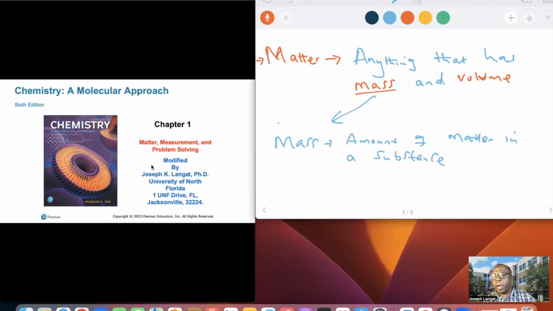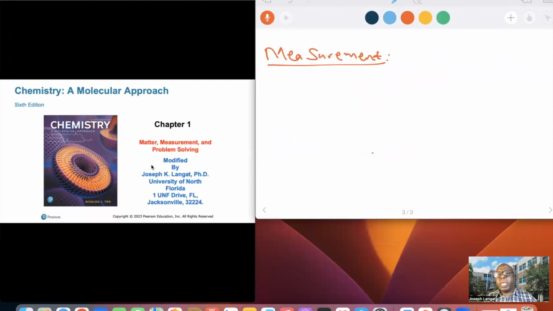It's just to define the terms. There will be some vocabulary you need to be well-rounded in. You should be able to define those terms, for example, what matter is, and volume is basically the amount of space occupied by matter. Now, what is measurement?